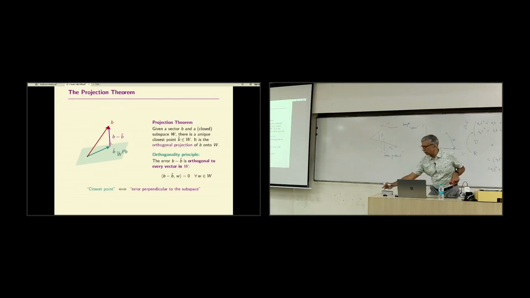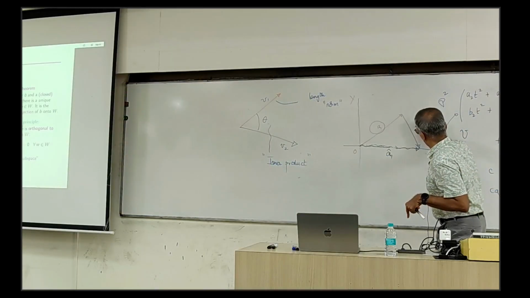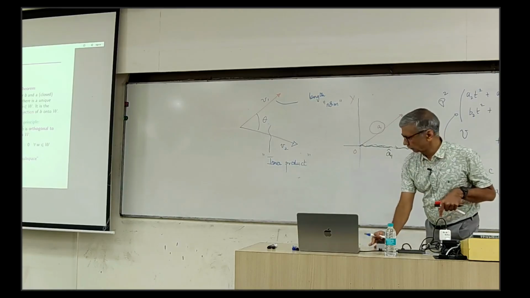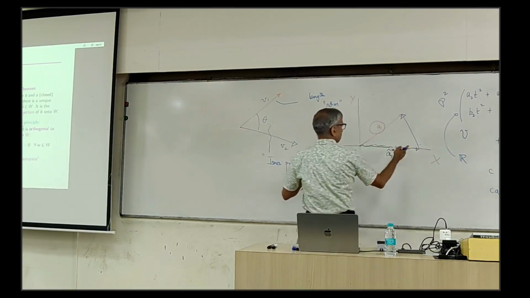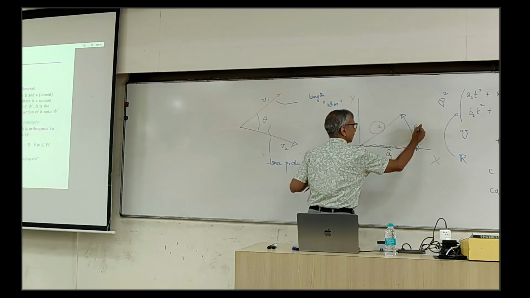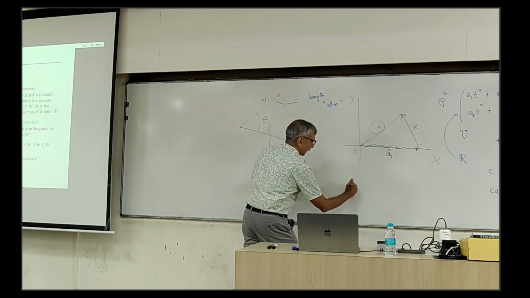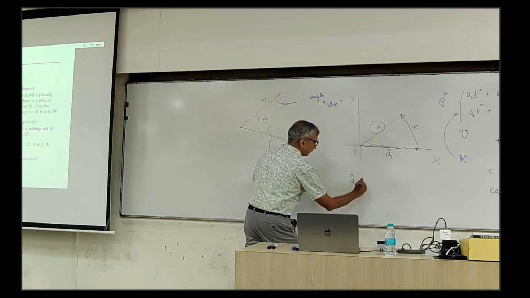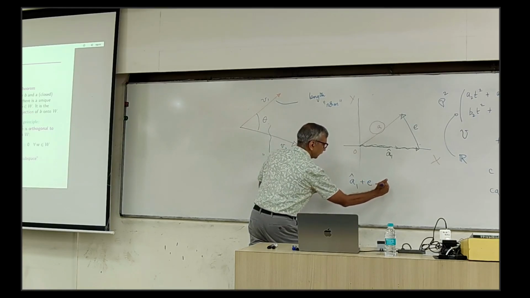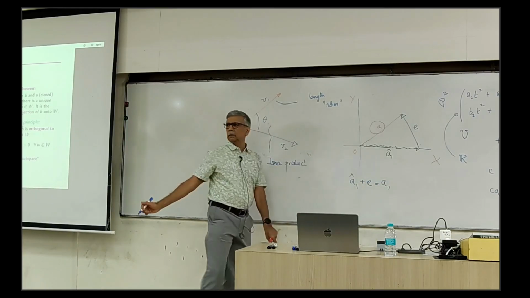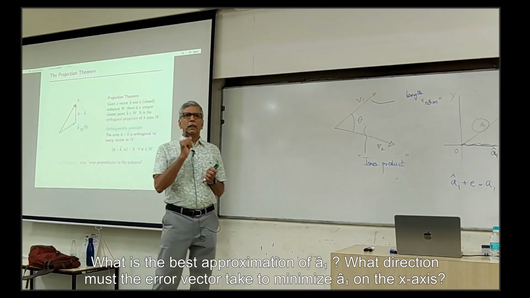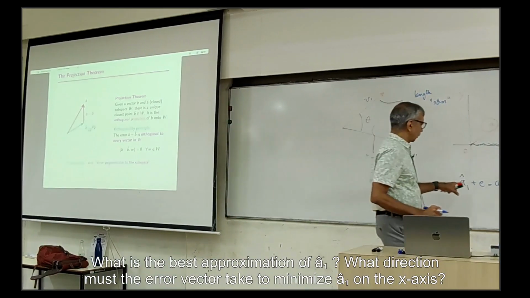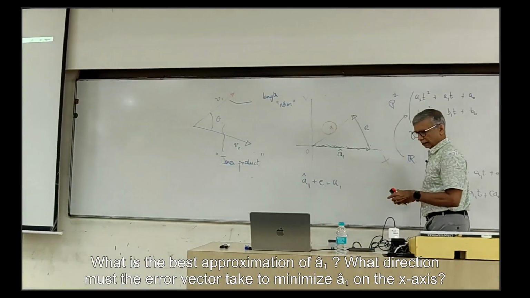I'll explain to you why. So if I talk of this as the error, then I have A1 hat plus E equals A1. Everybody see that? Now tell me, how will I find out what is the best A1 hat?